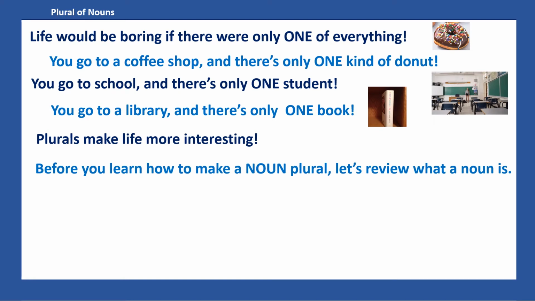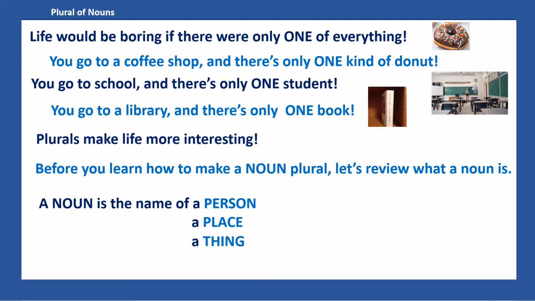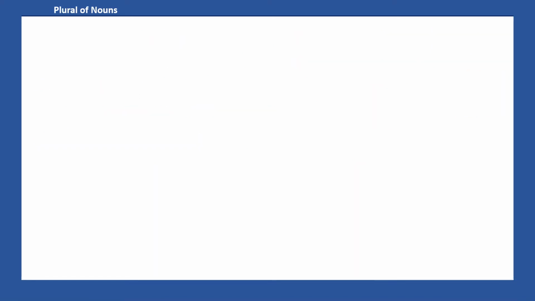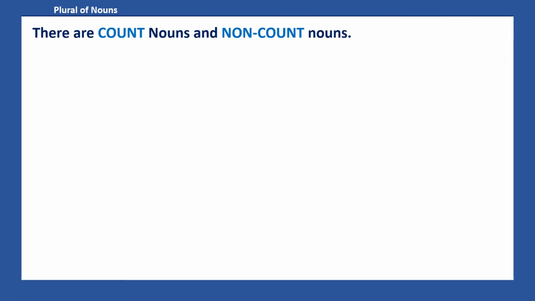Before you learn how to make a noun plural, let's review what a noun is. A noun is a name of a person, a place, a thing, an animal. There are count nouns and non-count nouns. Count nouns are nouns that you can count.